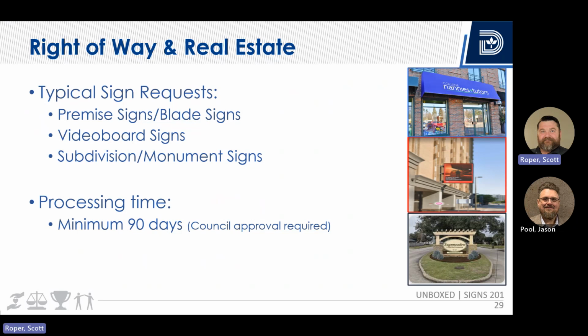Blade signs, also known as projecting signs, can be mounted to a building facade and illuminated. We have video board signs, and we have subdivision and monument signs. So just a little about that.